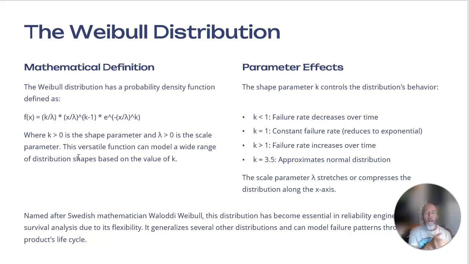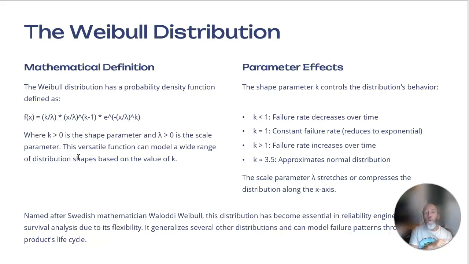What this gives you is more flexibility in how it can be used to fit data. As K approaches 3.5, it looks a lot like a normal distribution. The values of K change the shape.